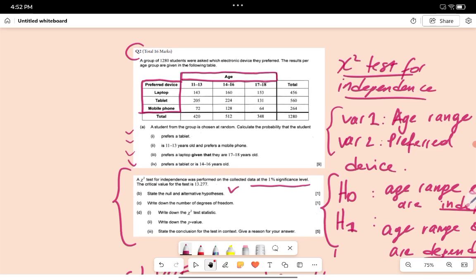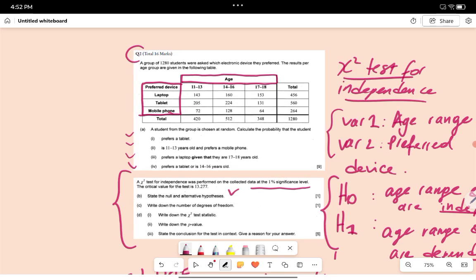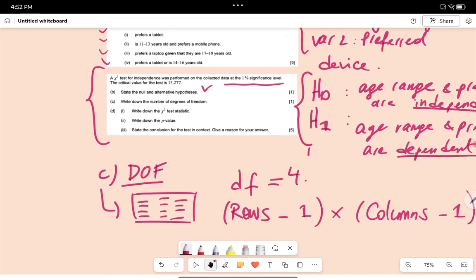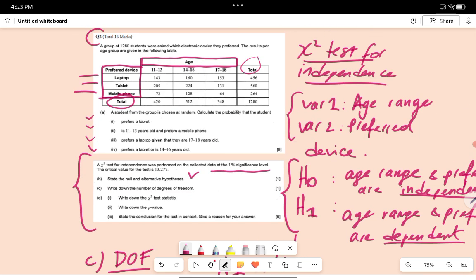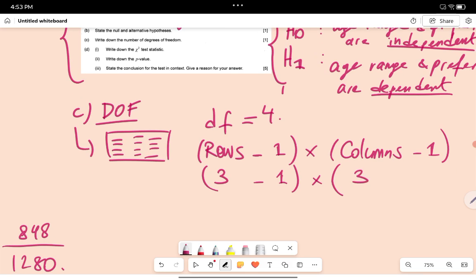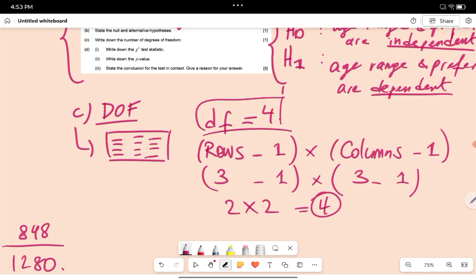So how many rows do we have? We don't take into account this one. So we've got 1, 2, 3 rows. So we've got 3 minus 1 times number of columns. We've got 1, 2, 3 columns. So 3 minus 1. So that is basically 2 times 2. So this is 4. So the degrees of freedom is 4. You don't have to do this calculation. You can just get it from your calculator, okay? So this will be given by 4.